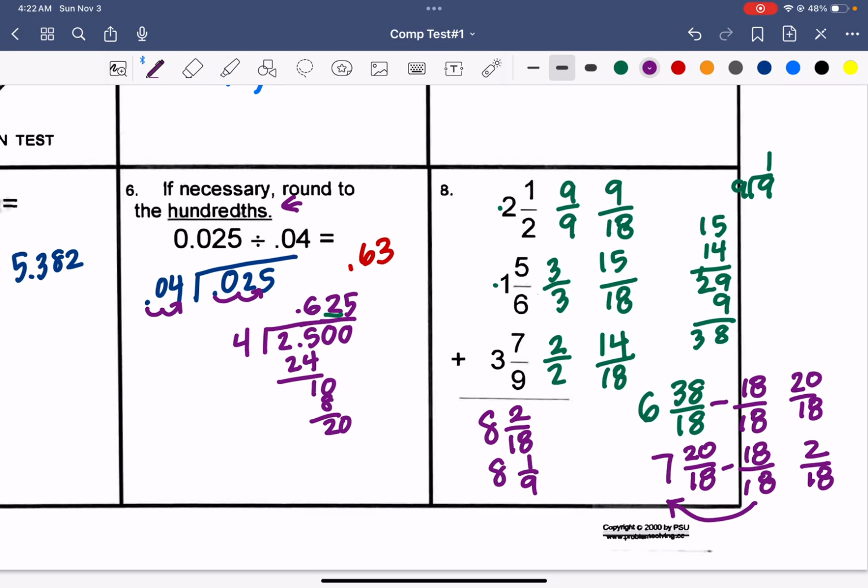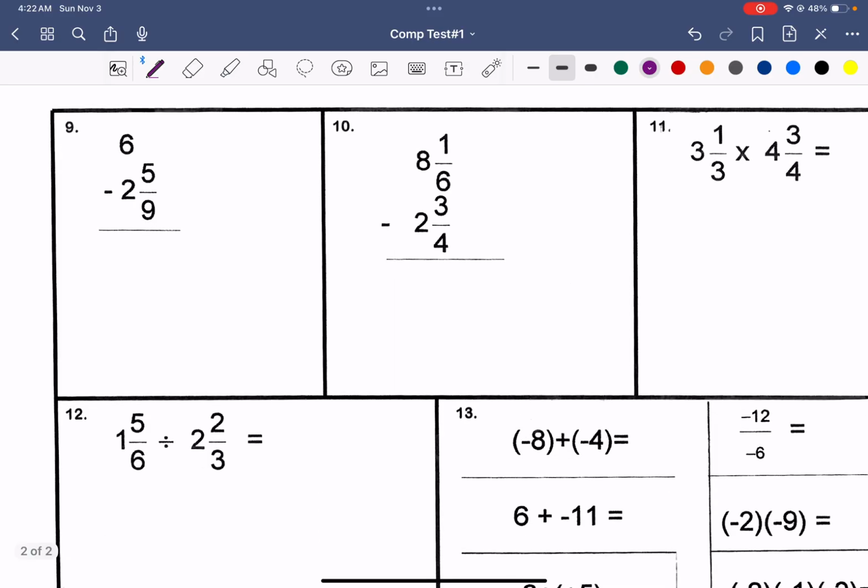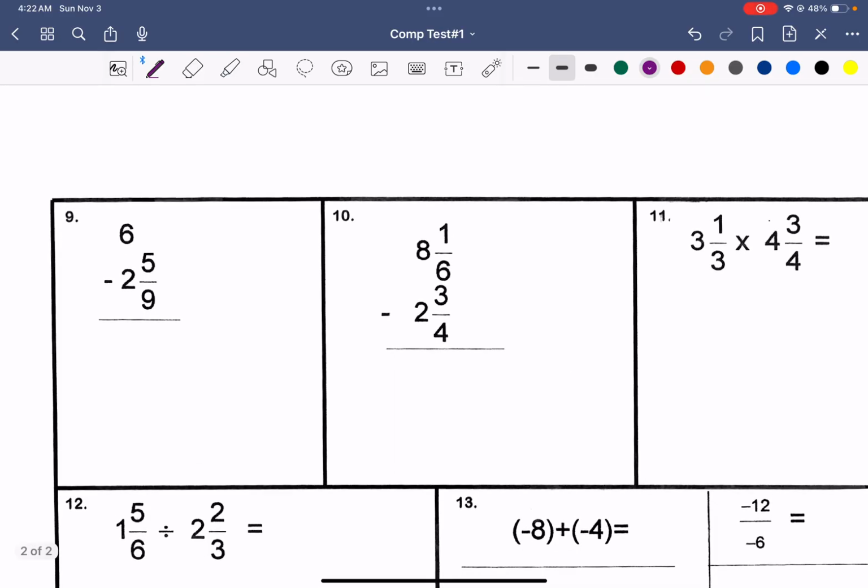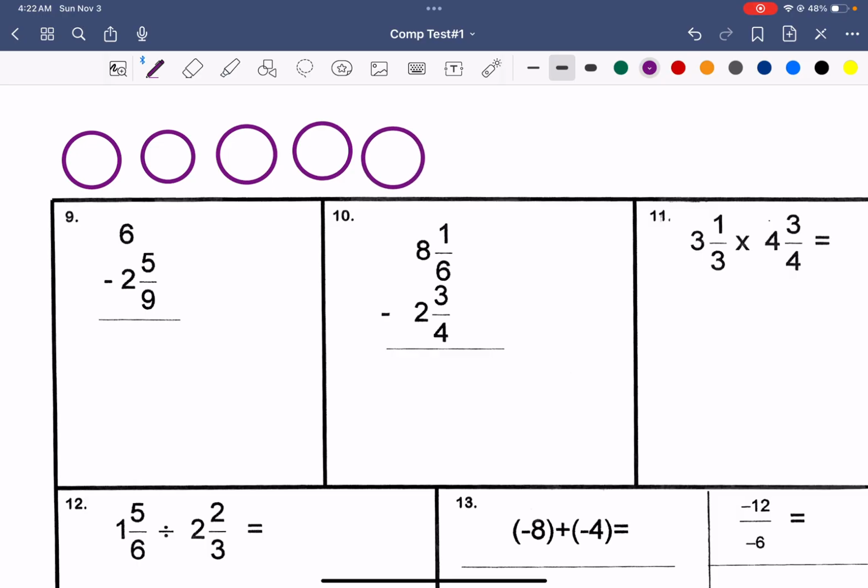All right, let's look at the back. So for number 9, the best thing I can do is show you visually. The most common answer I get is 4 and 5 9s or 4 and 4 9s, which is wrong.